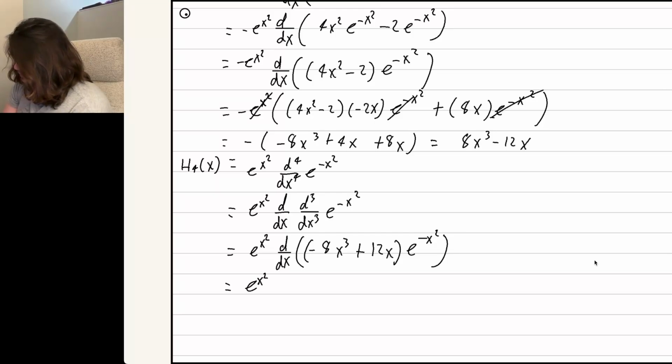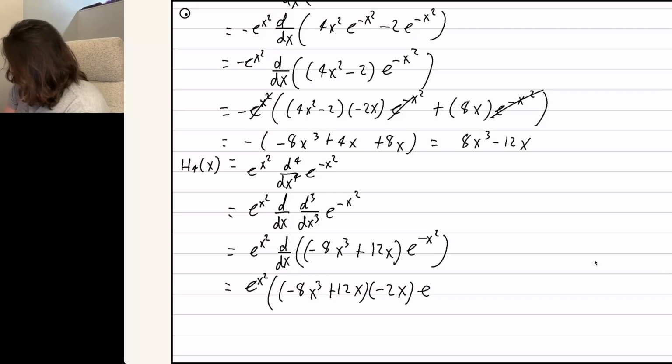So doing the derivative of that, you'll get minus 8x cubed plus 12x times minus 2x times e to the minus x squared plus, now it's minus 24x squared plus 12, times e to the minus x squared.